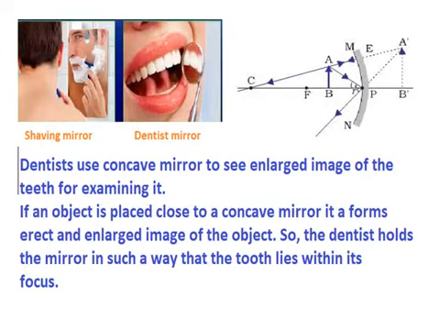If the object is placed close to the concave mirror, it forms an erect and enlarged image of the object. So the dentist holds the mirror in such a way that the tooth lies within its focus. So the ray diagram is very important in connection with the shaving mirror and the dentist mirror.